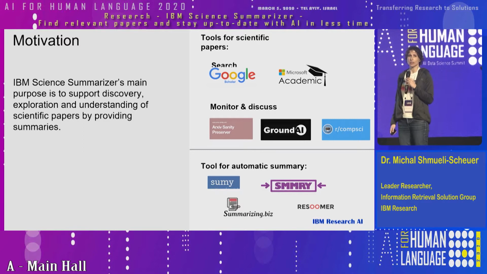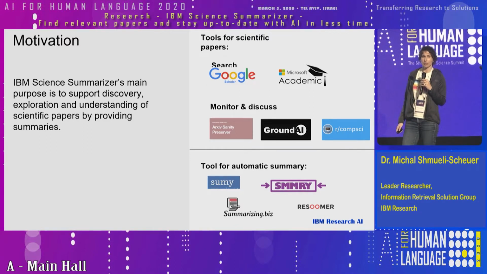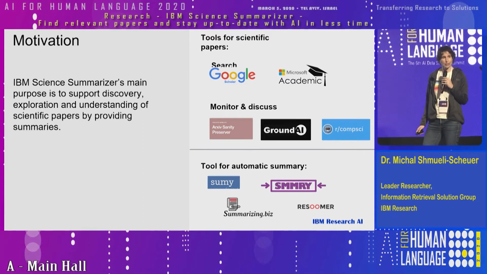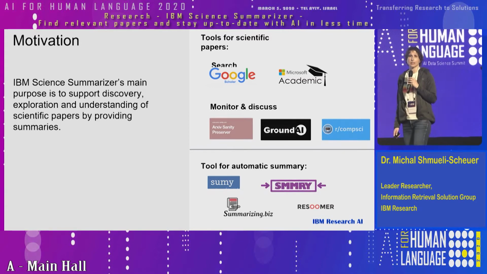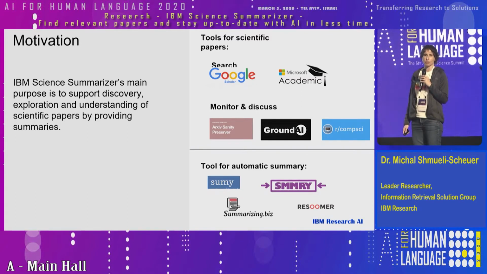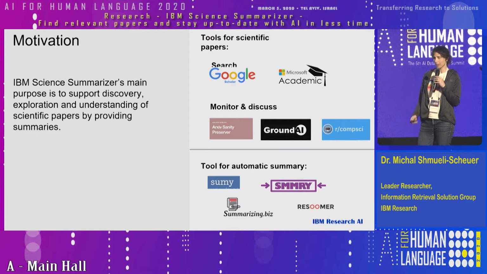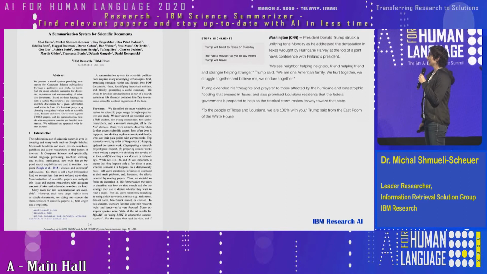Those are tools that are mainly used for monitoring and some also for discussion. On the other hand, if you look at what tools exist today for summarization, there are quite a few, as you can see. However, their focus is a little bit different from ours, as we'll see now.